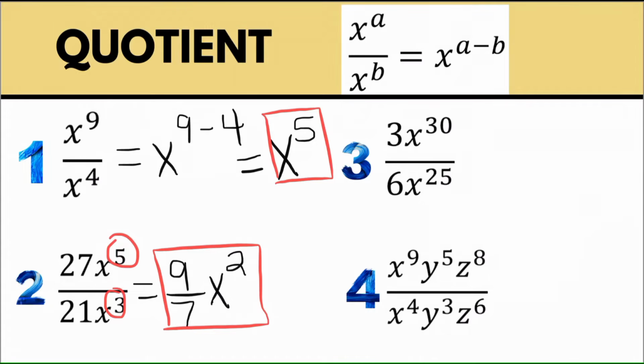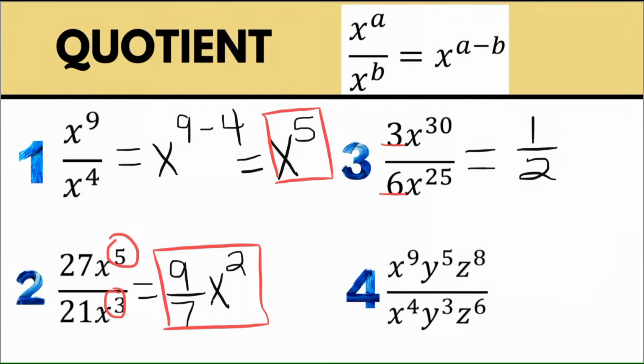Number 3, 3x to the 30th divided by 6x to the 25th. Divide the coefficients. 3 divided by 6 just reduces to 1/2. So this is equal to 1/2.